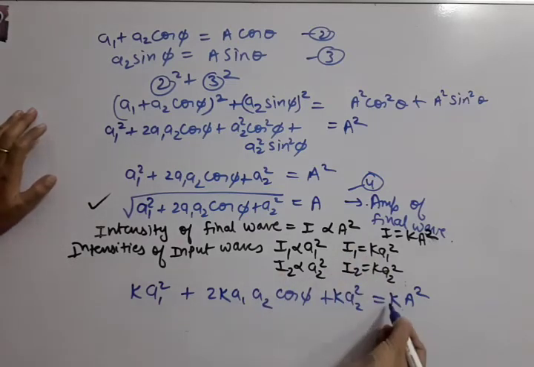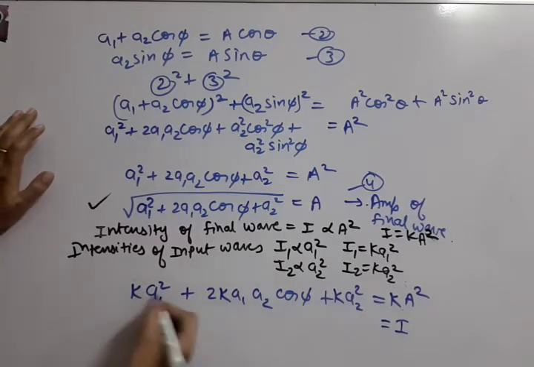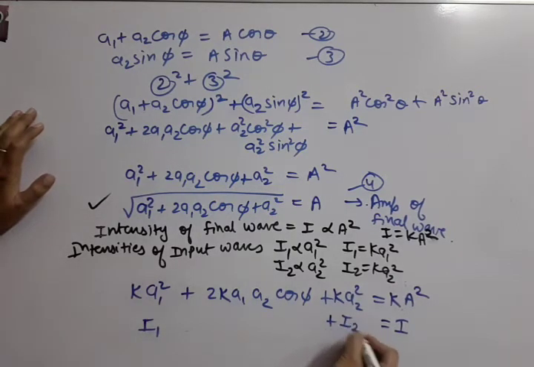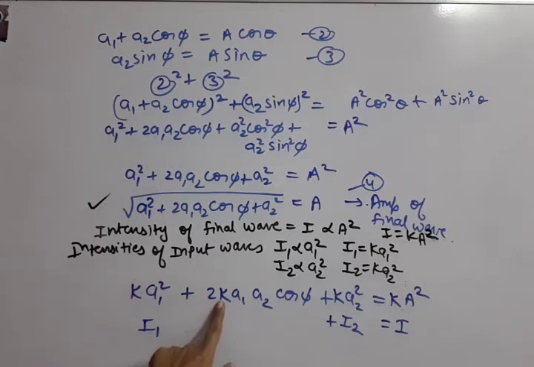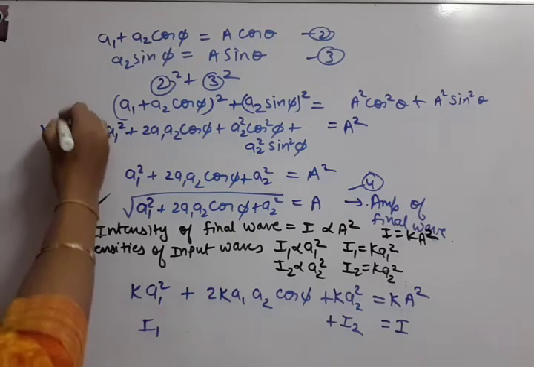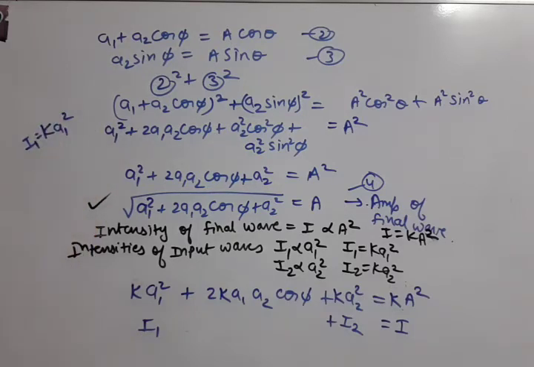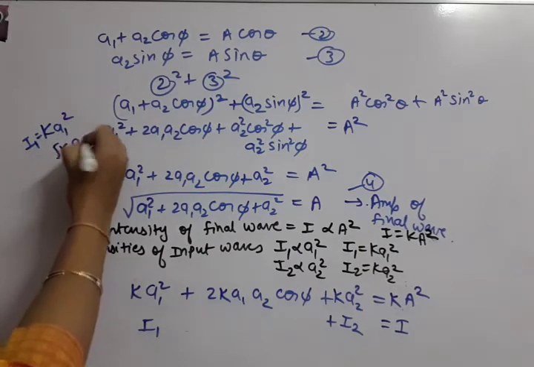Now let us replace them by their names. As I have told you, Ka square is the final intensity. Ka1 square is intensity 1, the intensity of the first wave. Ka2 square is the intensity of the second wave. Now here I am getting only one K, but A1 and A2 both are present. So I will distribute this K in the form of root K into root K. Because if Ka1 square is I1, then root K a1 will be root I1.